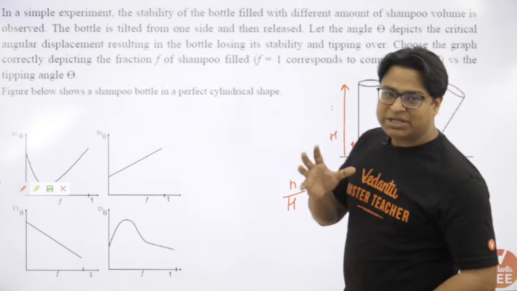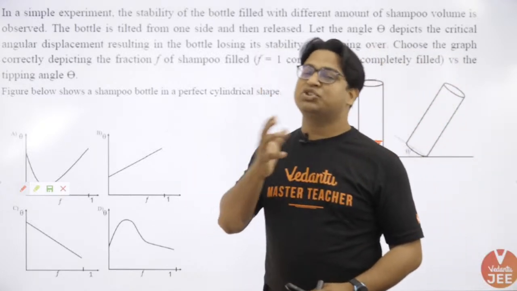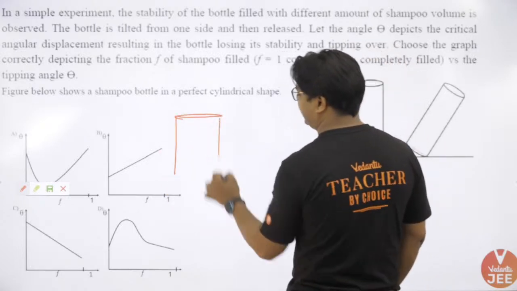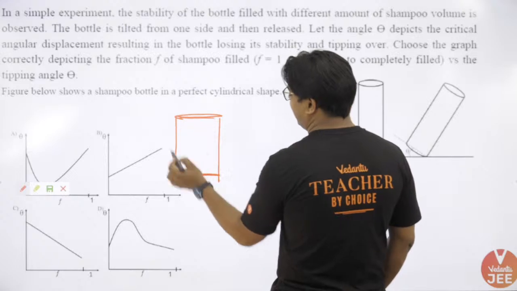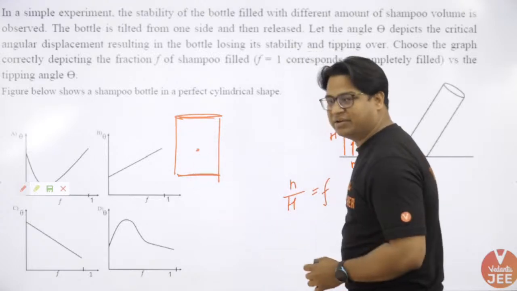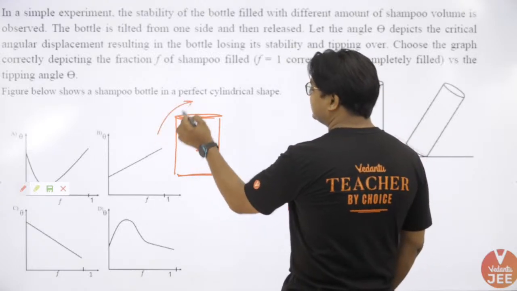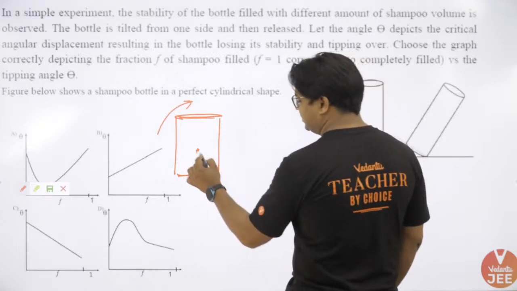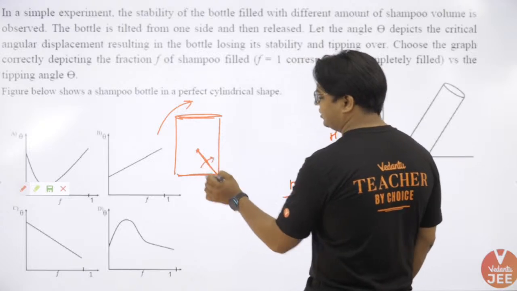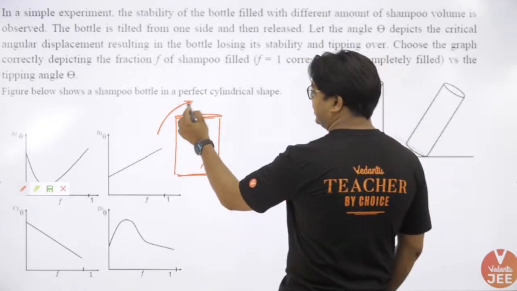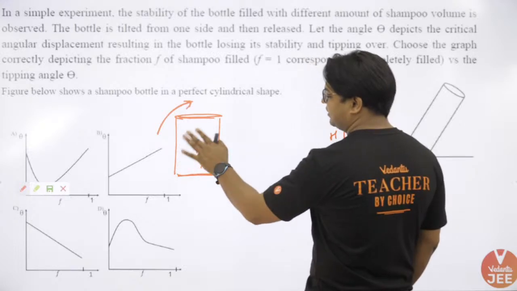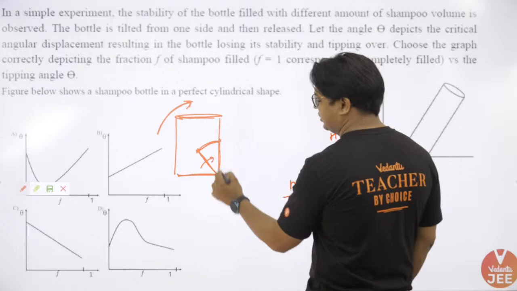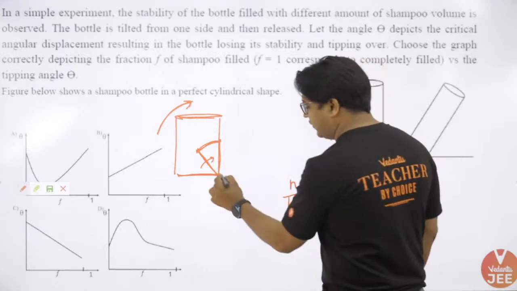So let's try to understand exactly when a bottle should topple. Okay, so let's say we are given a cylinder, and the center of mass of the cylinder is somewhere here. Now if I tilt this cylinder about this edge, this line starts tilting. If I am pushing the cylinder like this, the cylinder will tilt, and when this center of mass crosses this position, it comes to the right side of this point.